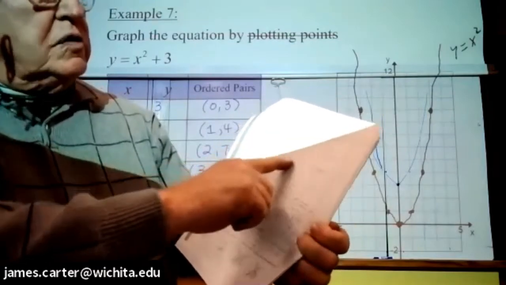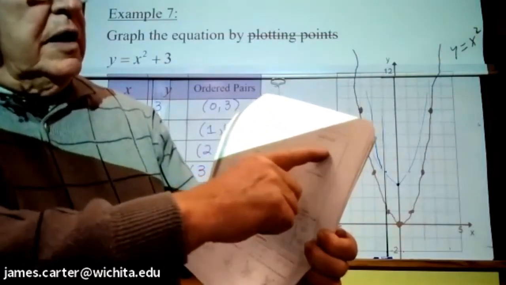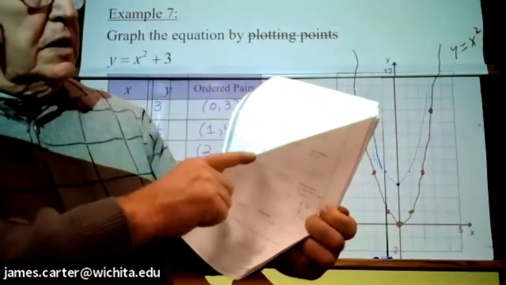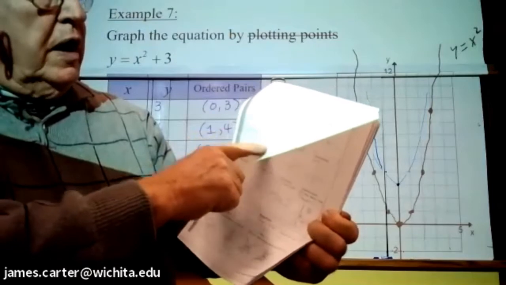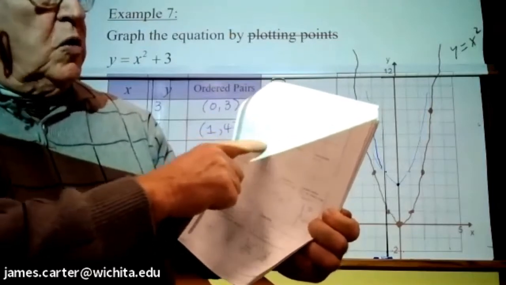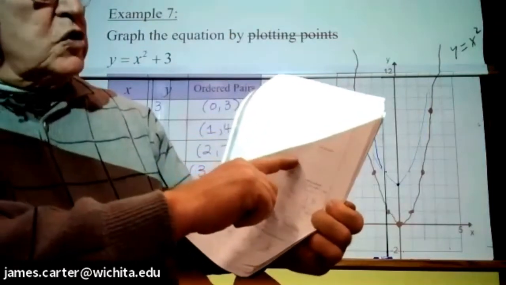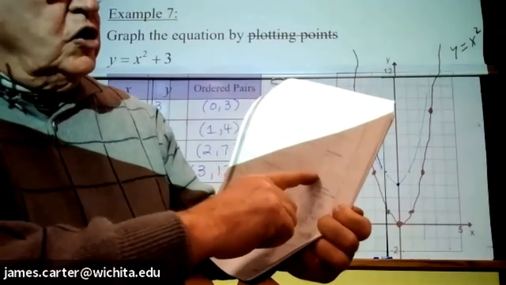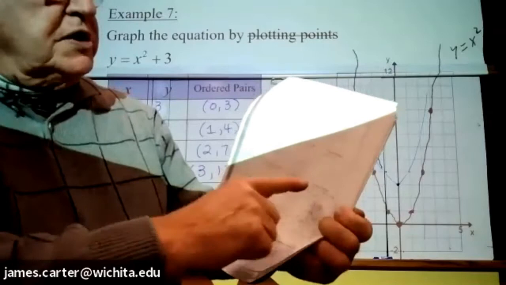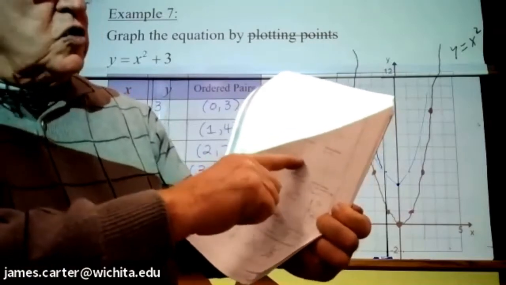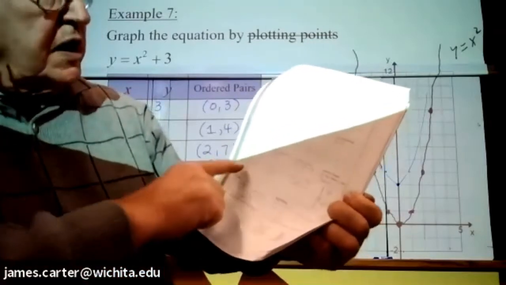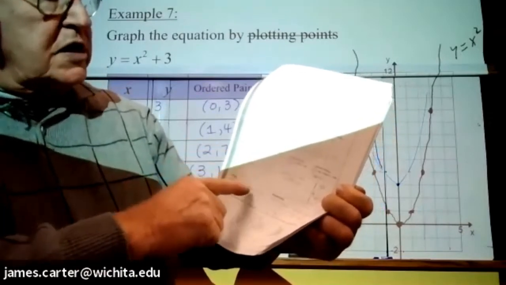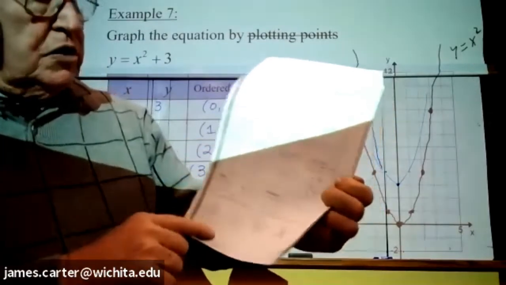Y equals x, diagonal line. A quadratic, which I have on the board. A cubic, a square, absolute value, which is always a V, a square root, which is kind of an arch pointing out. Cube root has both sides of this, whereas square root just has this positive side. 1 over x always has these 2 sides like that, and so on.